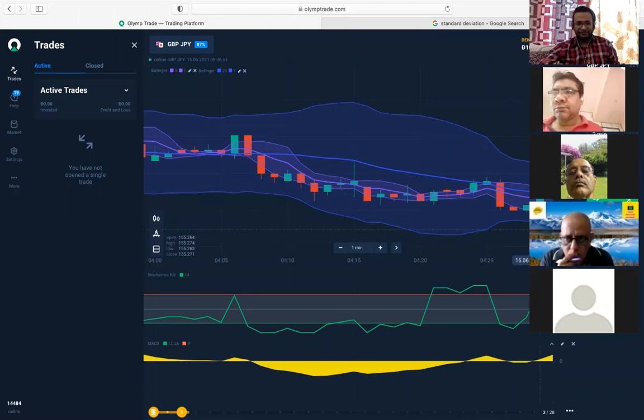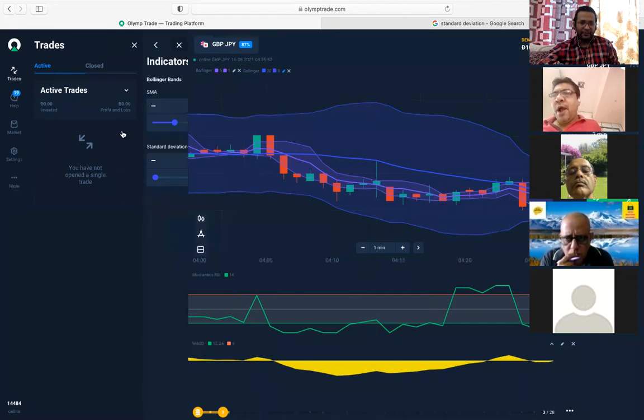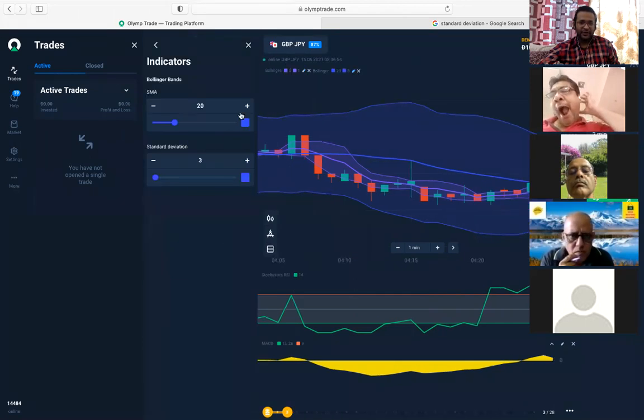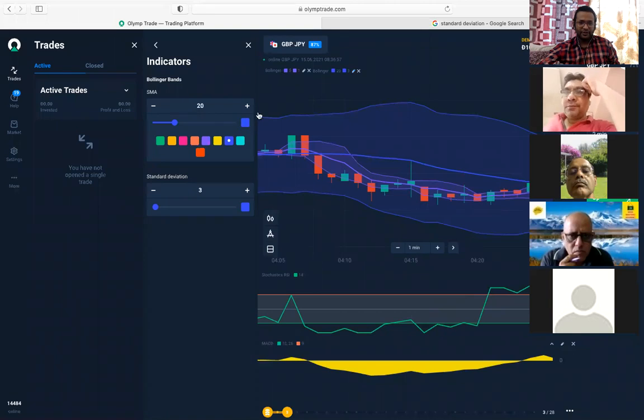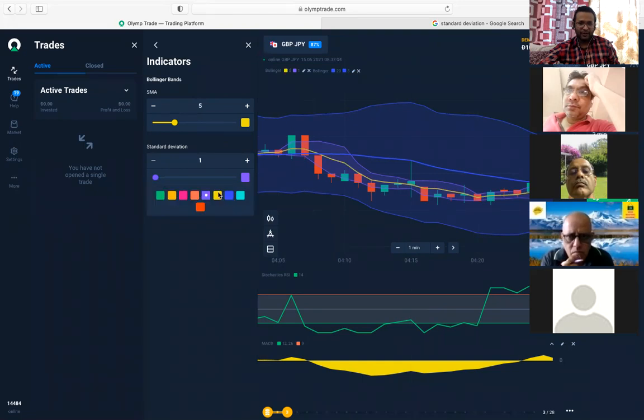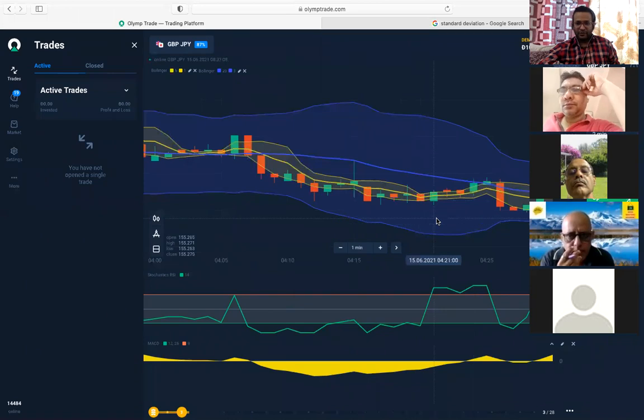All right. Let me change the color for this particular example of standard deviation of the Bollinger band so that it is much more clear. Let me make it yellow so you'll understand the band. So we were looking at this candle here, right? This candle at the corner. So the stochastic RSI has gone into the overbought region.